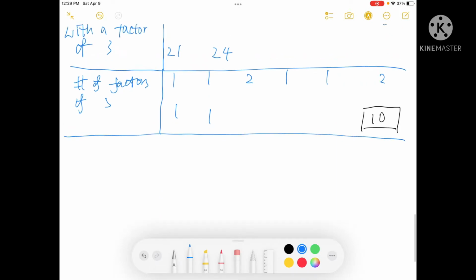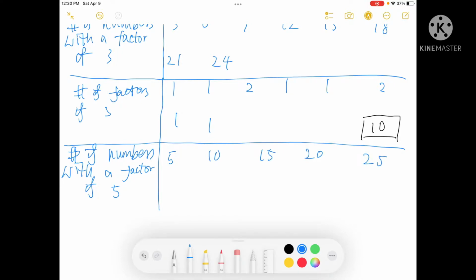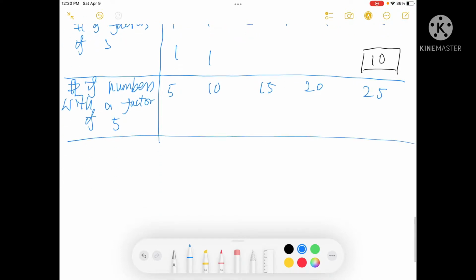After 3, let's analyze 5. Multiples of 5: we have 5, 10, 15, 20, and 25. Then we can just find the number of factors of 5. 5 has 1, 10 has 1, 15 has 1, 20 also has 1, and 25 has 2. So we can add them up, and there are 6.